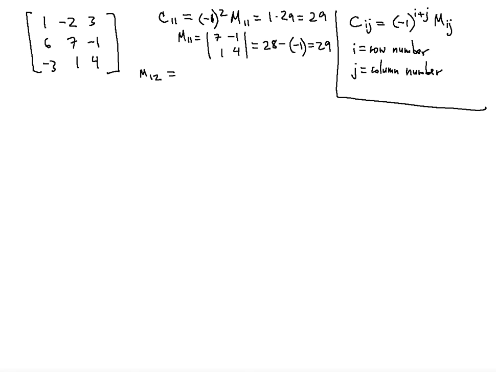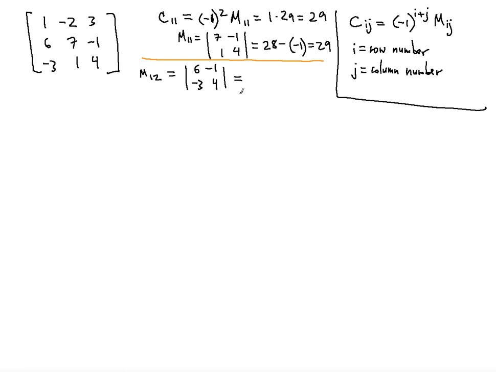M12 is going to be, so let me actually separate that because that's the first case. So M12, row 1, column 2. So we exclude row 1 and column 2. So we're looking at 6, negative 1, negative 3, 4, right?